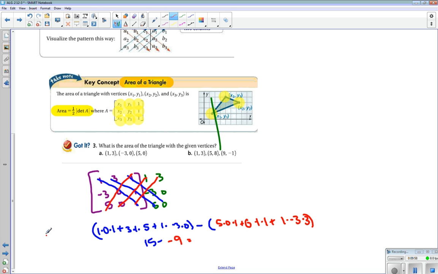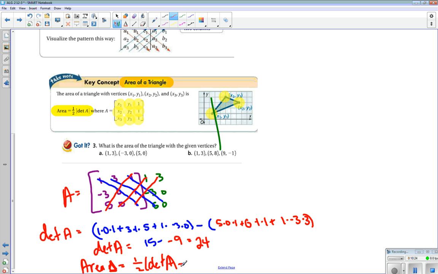So if this is A, the determinant of A is equal to that. 15 plus 9 is 24, and then the area of the triangle is equal to half the determinant of A. That's half of 24. And that's 12. 12 units.